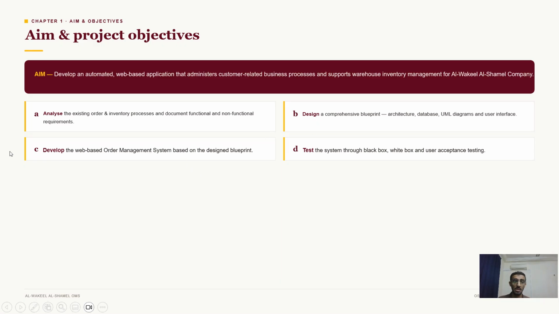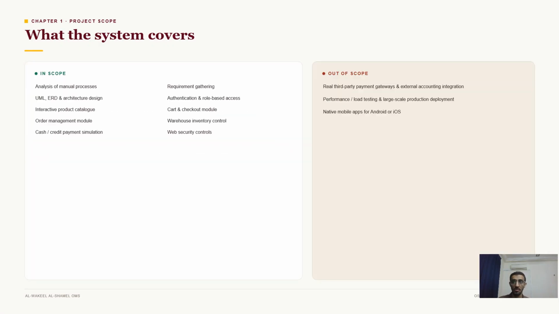Objective 3 is to develop the web-based OMS based on the blueprint. And the last one, objective 4, is to test the system through black box, white box, and user acceptance testing. Each of these objectives will be revisited later in this presentation to show how they were achieved.